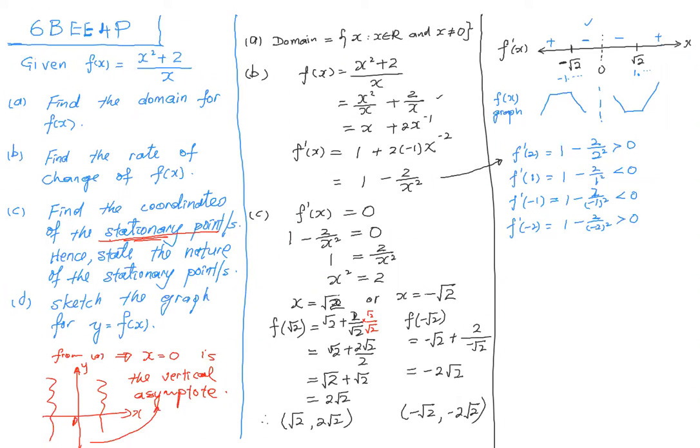So what is your conclusion? Okay, can someone give me the conclusion? 2 √2 is the, okay, nature?